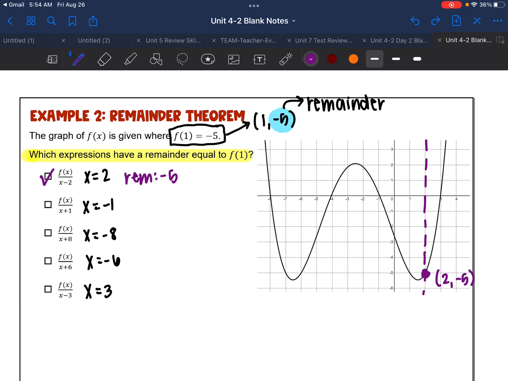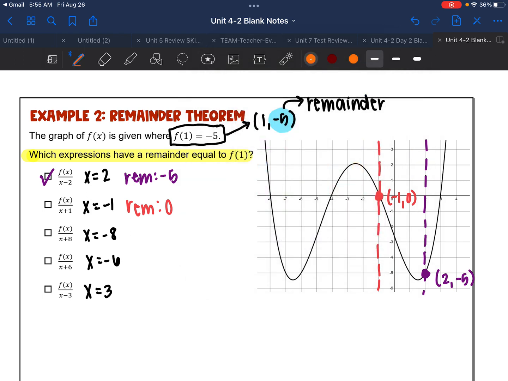Okay. Doing the same thing. -1 would be here. We've got a point at -1, 0. That means the remainder would be 0. And even though that means x plus 1 is a factor, it's still not equal to what was given to us in our problem. So we're not going to check it.